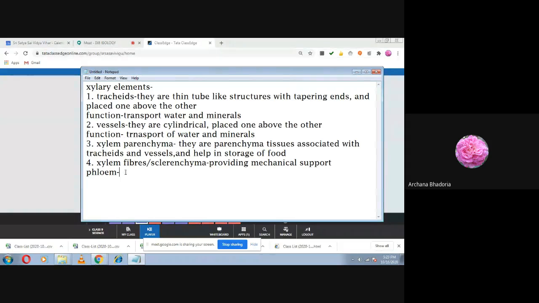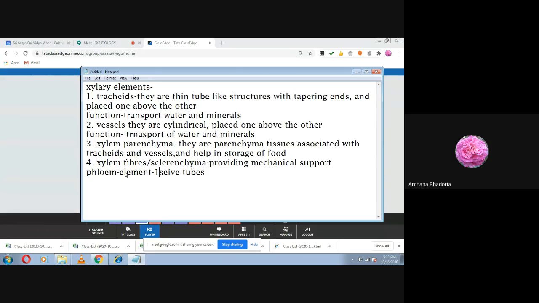So phloem is made up of other elements. What are those elements of the phloem tissue? They are sieve tubes. So note down number 1. Keep numbering, children.